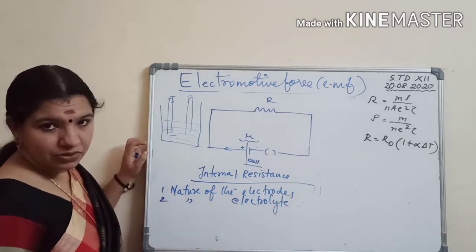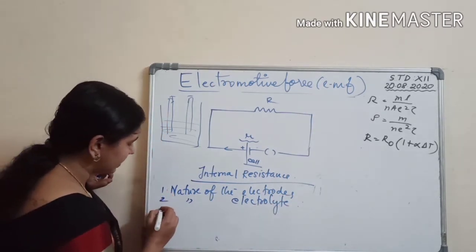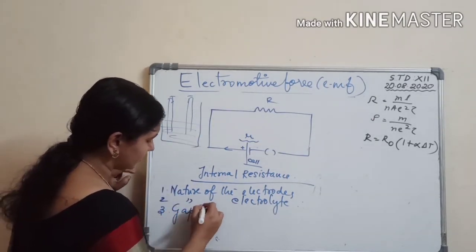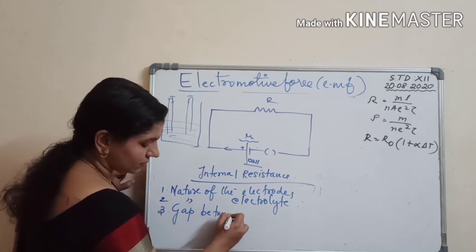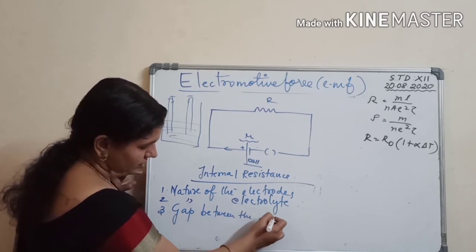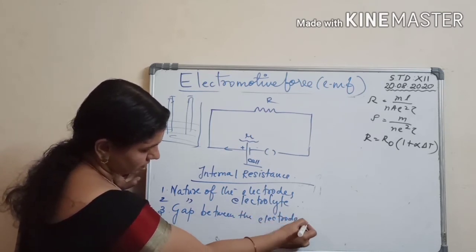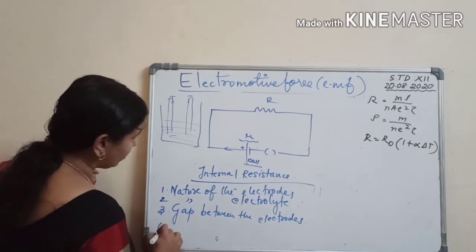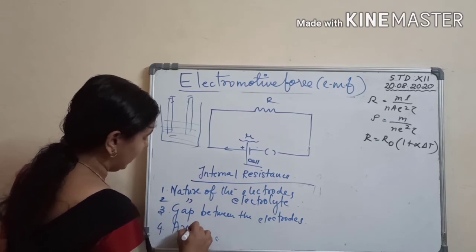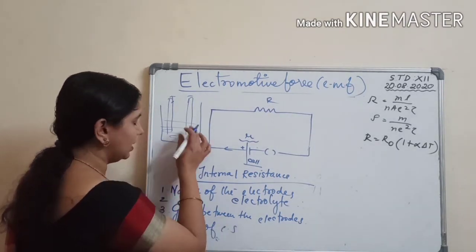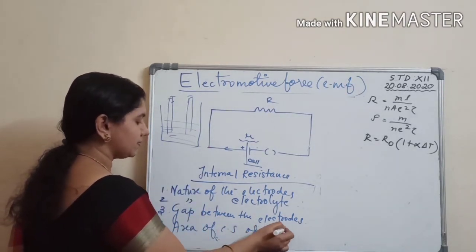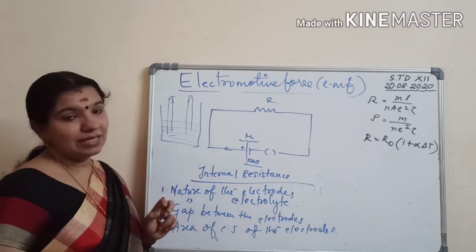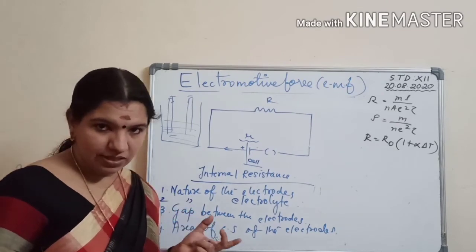The third one is the gap between the electrodes, and the fourth one is the area of cross section of the electrodes. Understand? These are the factors on which internal resistance depends.